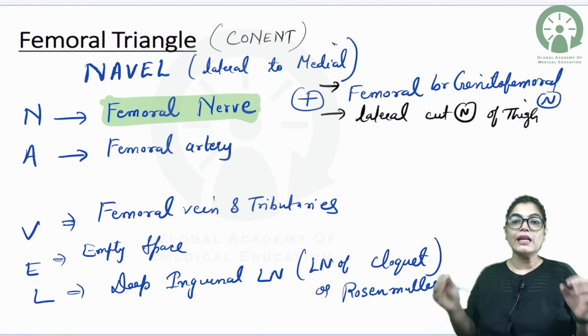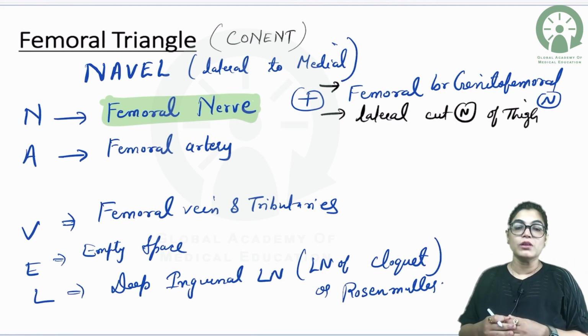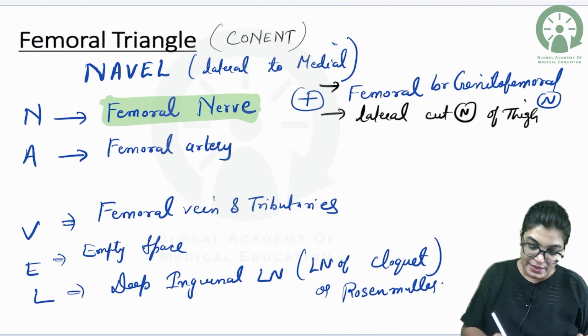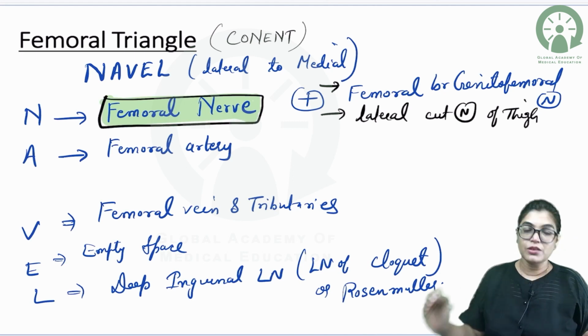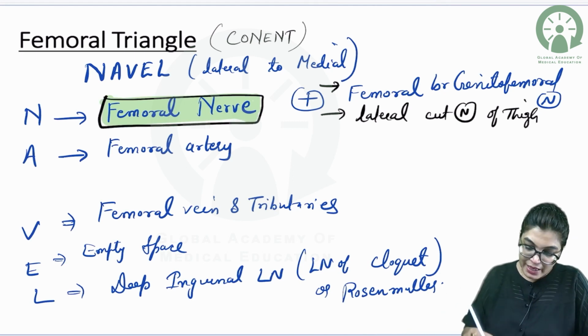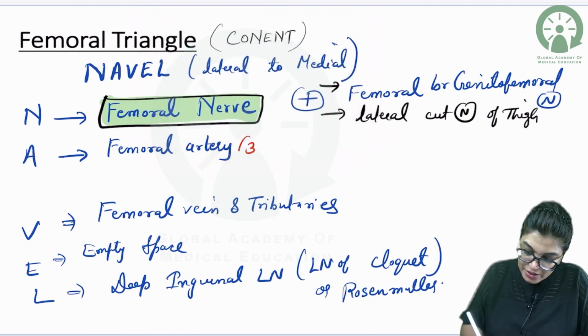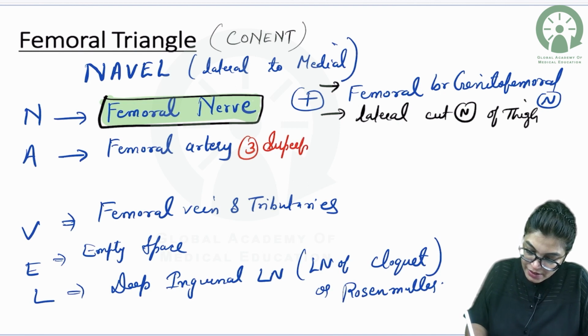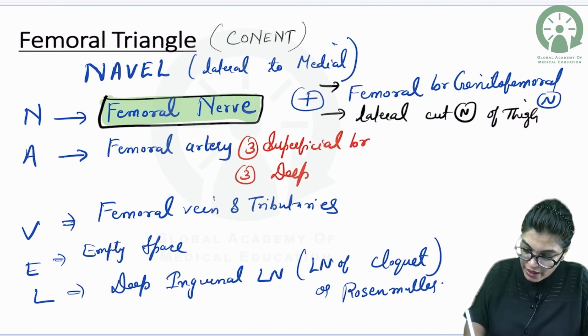So that means femoral nerve, lateral cutaneous nerve of thigh, femoral branch of genitofemoral nerve, all are the content of femoral triangle. If I am writing the word arteries, there are 3 superficial branches and 3 deep branches of femoral artery as the content.